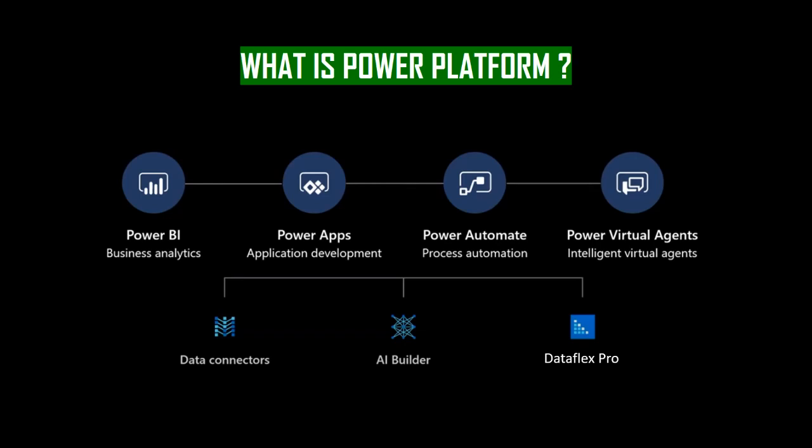So these are the major 4 products that we have in the Power Platform. Let's look at what Power BI does. Power BI provides a low-code way to understand and analyze your data, and it helps businesses take actionable insights. So they can get the actionable insights at their fingertips.